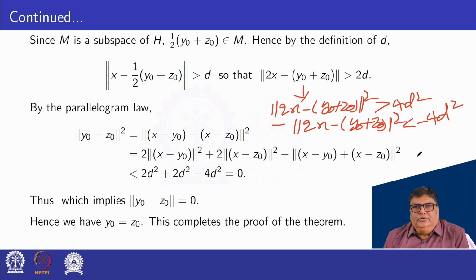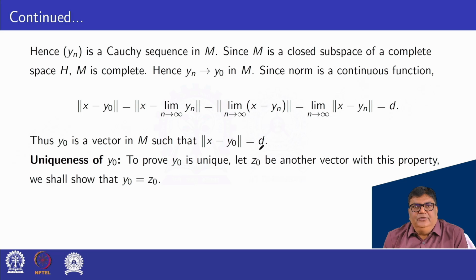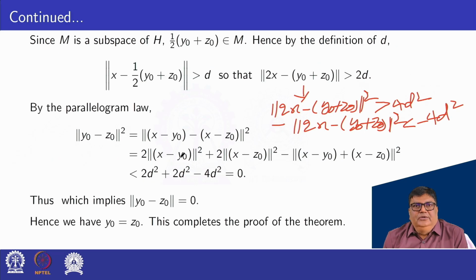So the value of this is minus 4d squared, and here the norm of x minus y0 is equal to d. So putting in the values, this is 2d squared, this is also 2d squared, and this is less than minus 4d squared. So the total is less than 2d squared plus 2d squared minus 4d squared, that is 0.